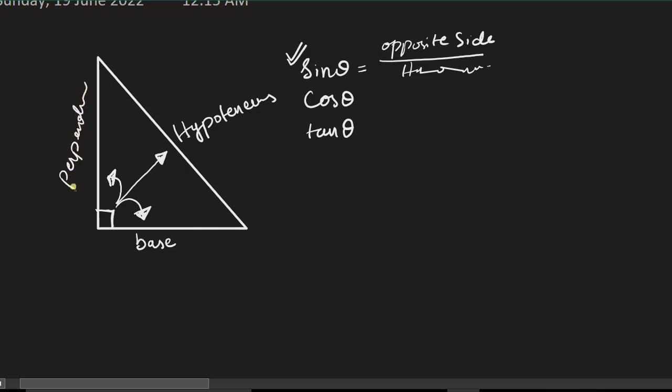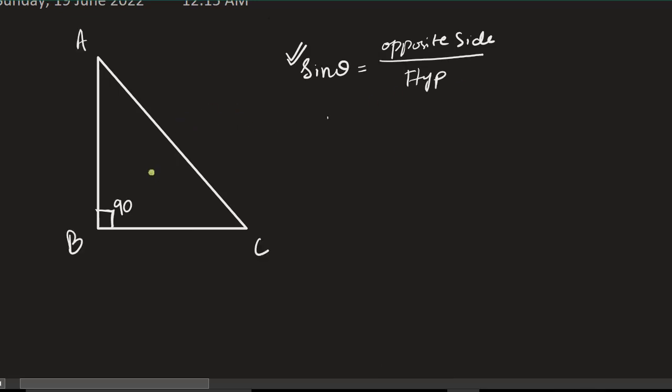So sine theta is equal to opposite side divided by hypotenuse. Let's say this is 90, this is 60 and this is 30, and if I have to find sine 30, what is the opposite side of the 30?